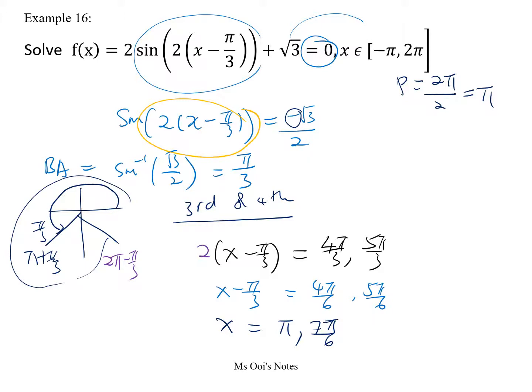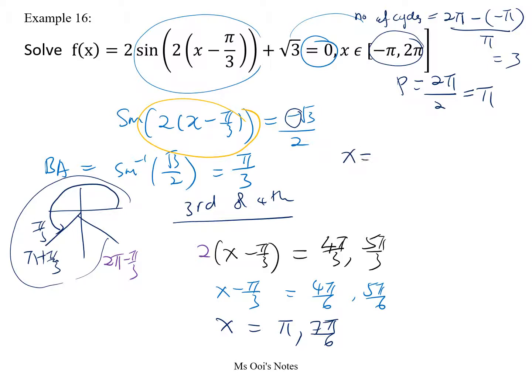Okay, so how many cycles are inside that domain? We can see here it is 3 cycles. If you're not sure, the number of cycles is equal to the top end of the domain take away the minimum value of the domain, divided by the period, which gives you 3 cycles. So we expect 6 solutions inside here.